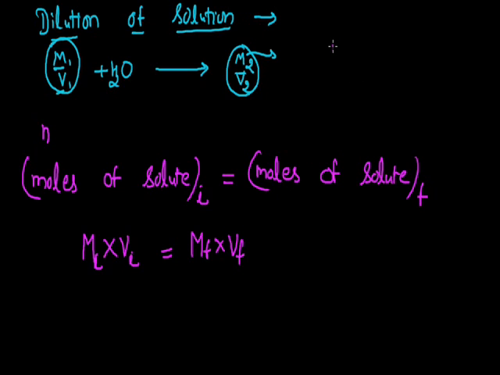These moles also equal the mass of the solute divided by the gram molecular mass of the solute. As we add water, the mass of the solute remains unaffected, and its gram molecular mass is also not affected by the addition of water. So these moles will remain constant.